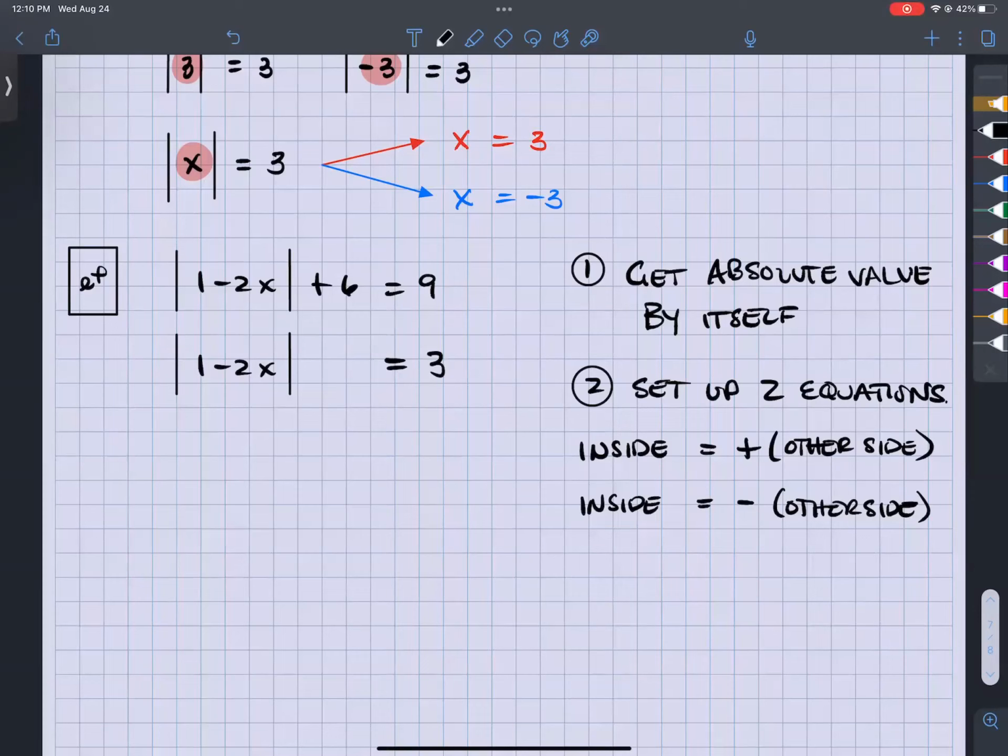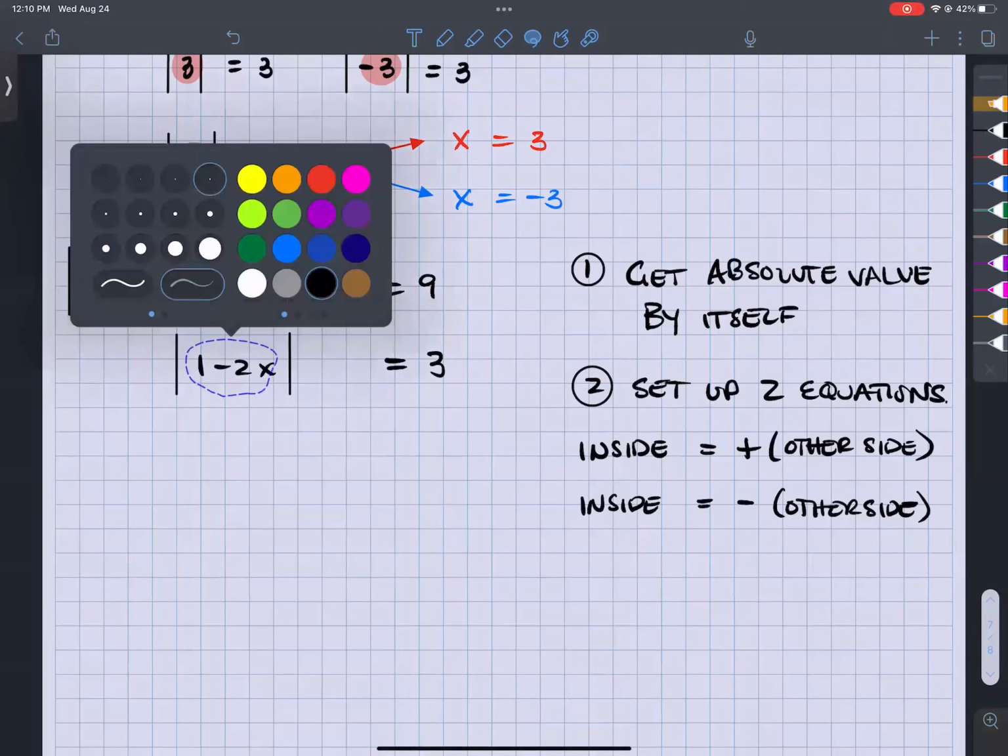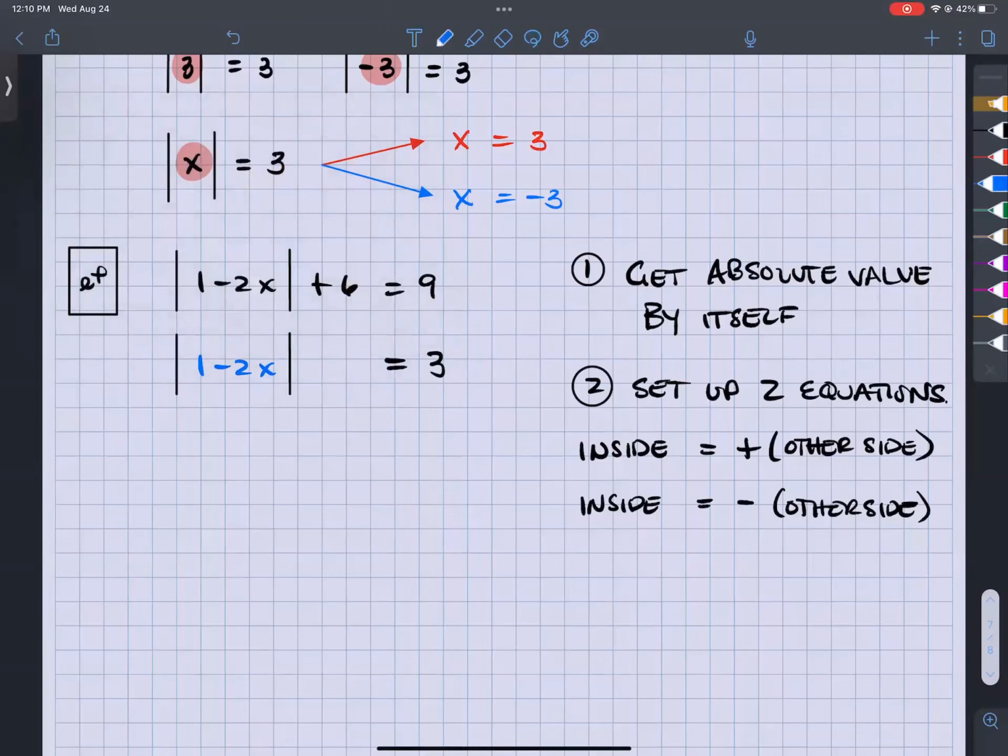So in other words, my inside here has to equal 3, and that inside has to equal -3.